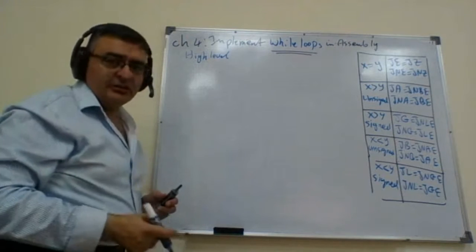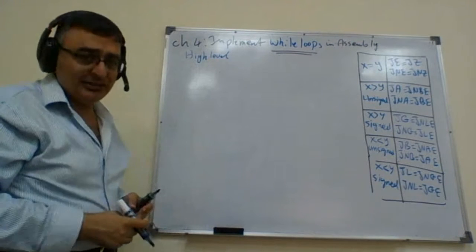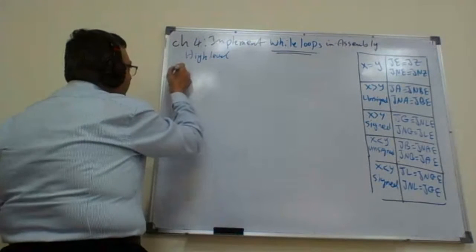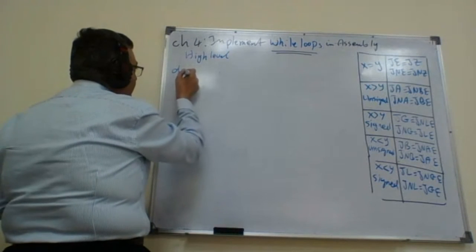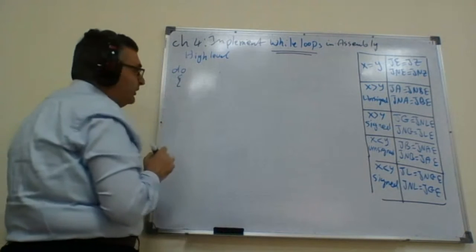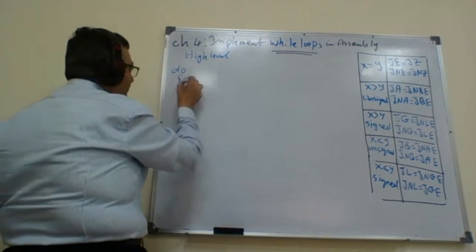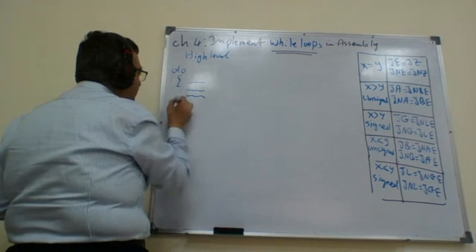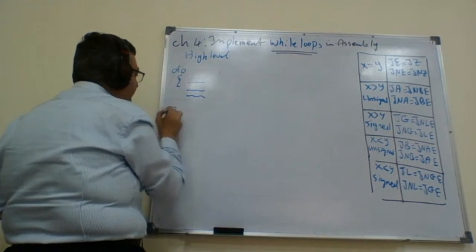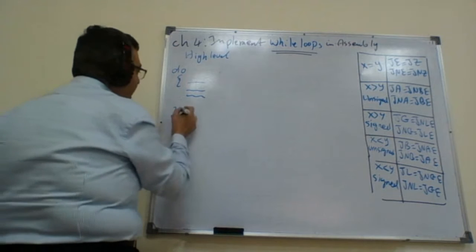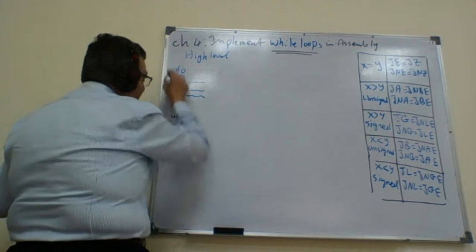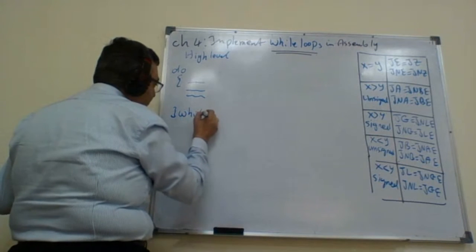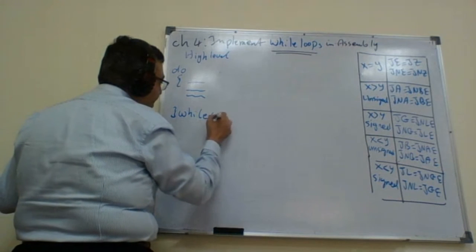I'm writing a syntax that is very close to C and C++. For the do-while, I have do, and I open brackets, and I have my code, and I close brackets, and this code should be done while some condition.